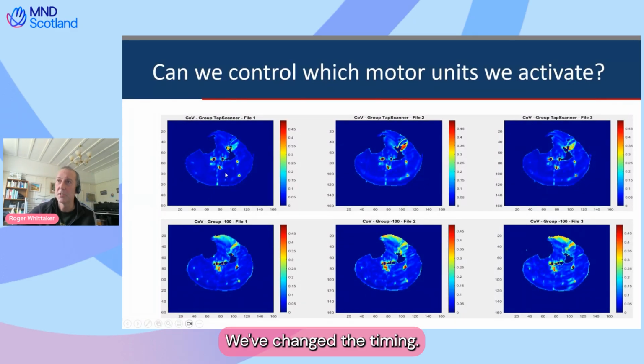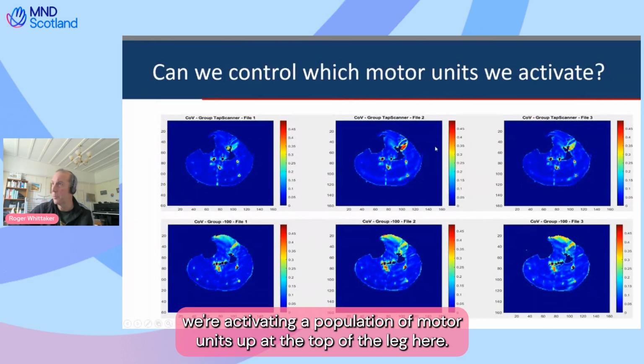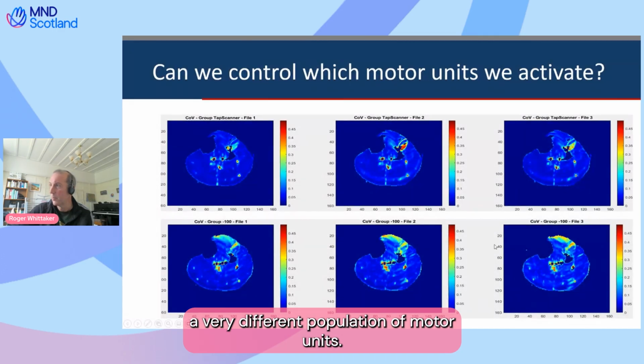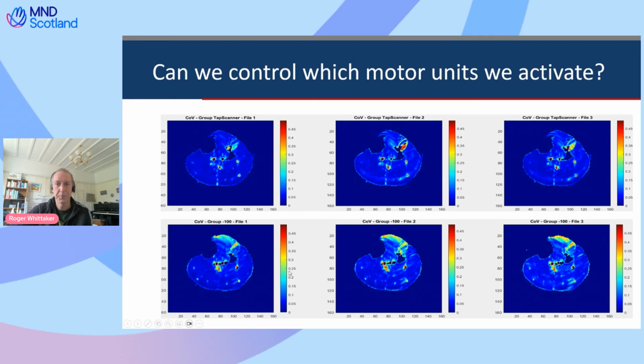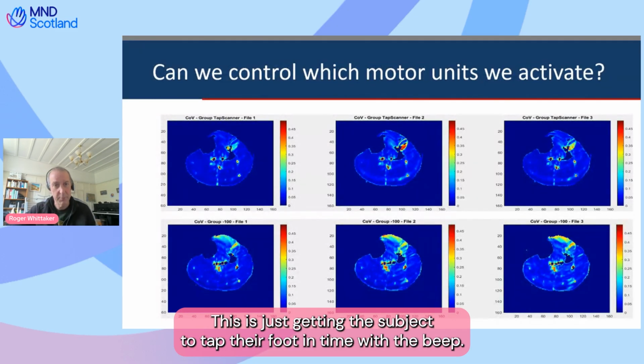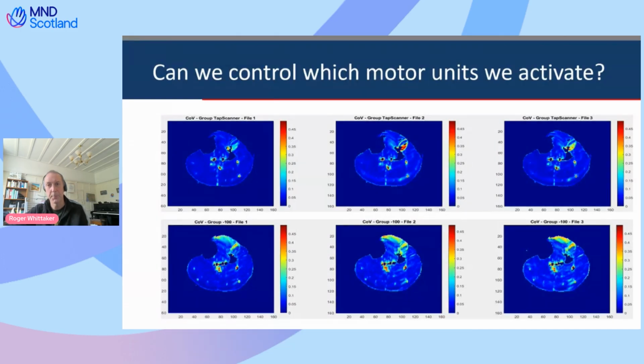We've changed the timing, and you can see that in the top series, we're activating a population of motor units up at the top of the leg here. And then when we change that latency, we're activating a very different population of motor units. Remember, this is not using electrical stimulation. This is just getting the subject to tap their foot in time with the beep.